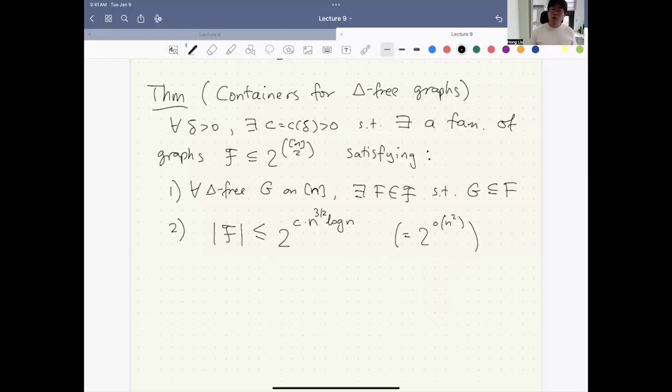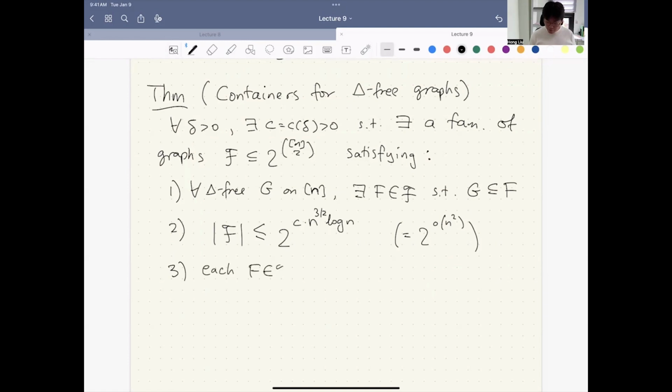Third of all, each container cannot be too big. I mean, we can simply take the whole complete graph, then trivially it is satisfied. Well, F even equals 1, right? It's useless. So we want each member in F to be almost independent. This is the third one. Almost independent means they are almost triangle-free.